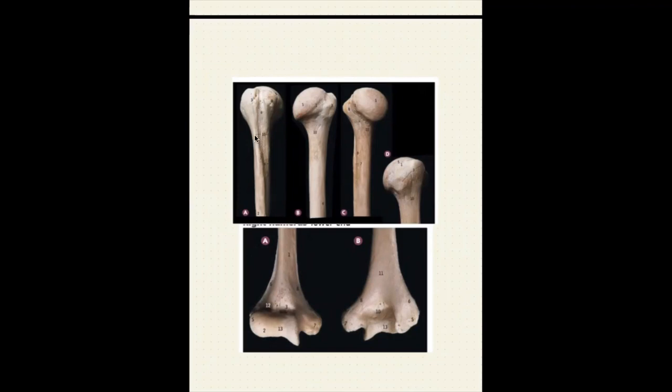Okay, Dr. Riaz Bhaiya, could you tell me which bone is this? Number A. This is humerus. Okay, could you tell me more? Upper part of humerus. Which side? Right-sided.